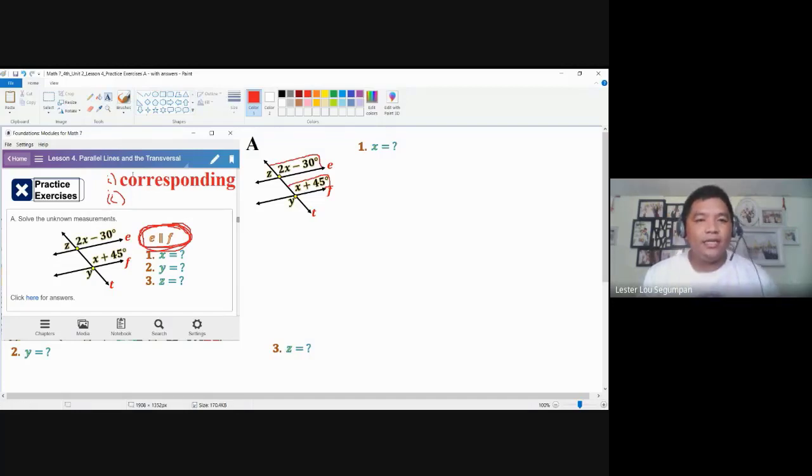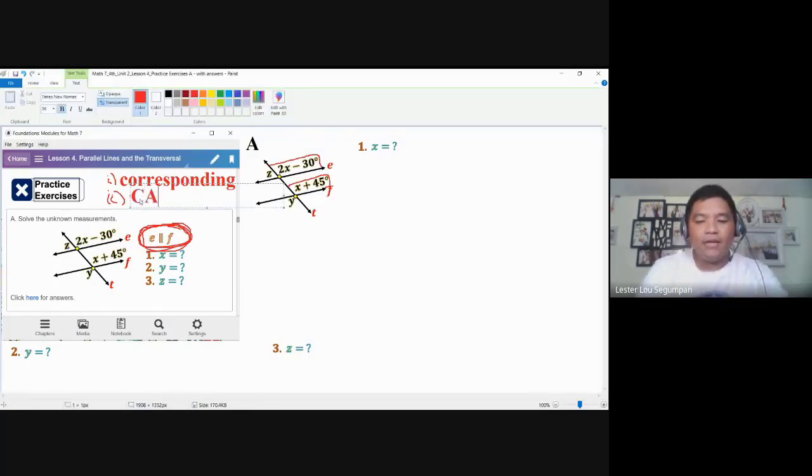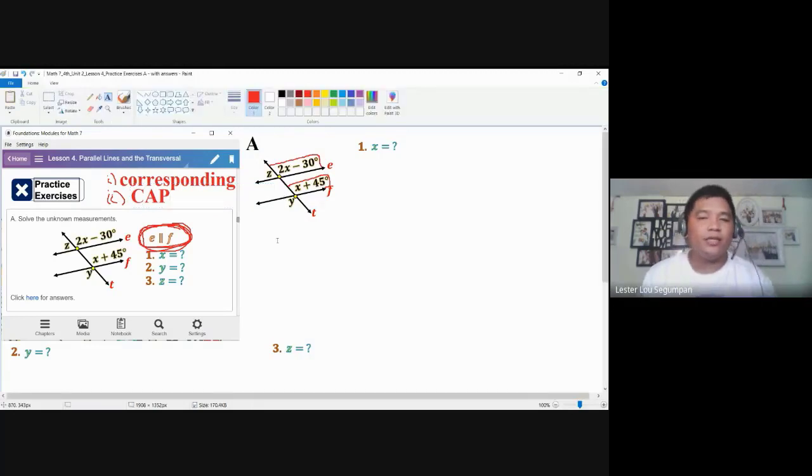It is the CAP or the corresponding angles postulate. The corresponding angles postulate tells us that if two parallel lines as given here are cut by a transversal line, then the corresponding angles formed are congruent. If we talk about congruent, they have the same measurement.